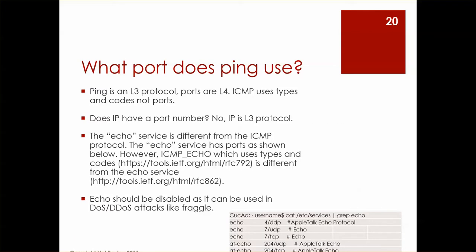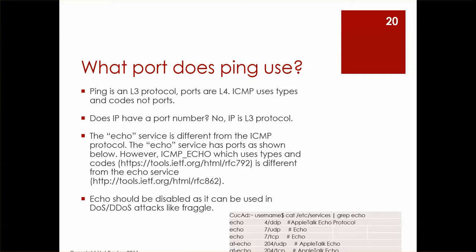So, kind of a trivia: what port does ping use? It's a tricky question, because ping is an IP protocol, so it uses ICMP. ICMP is located at the network layer, layer 3, and ports are located at the transport layer, layer 4.